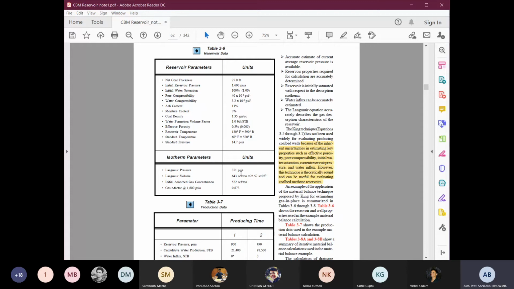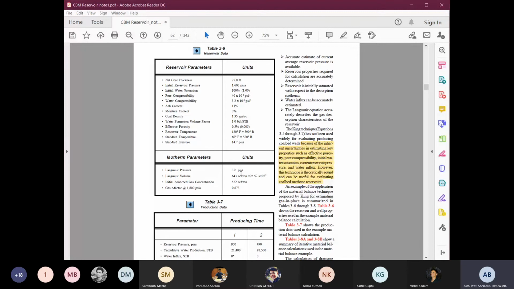That maximum value is called the Langmuir volume, after the scientist named Langmuir. Sometimes this graph is also called the Langmuir type 1 isotherm graph after his work. So the Langmuir volume is the maximum volume of gas that can be adsorbed by coal at an infinite pressure.